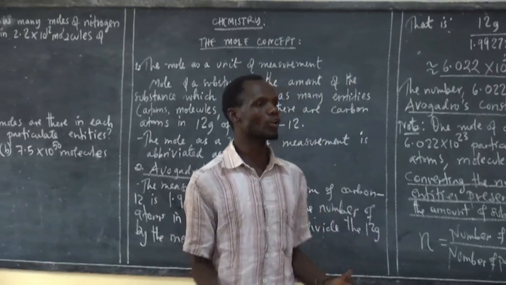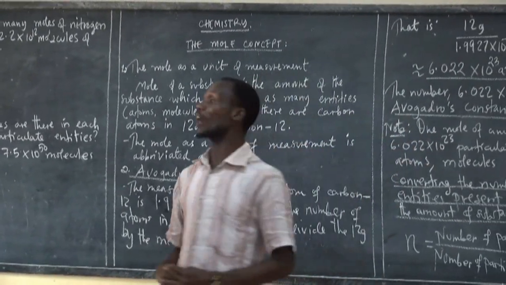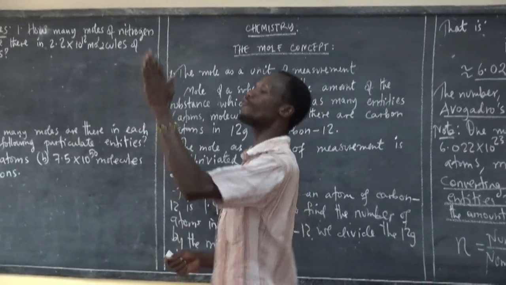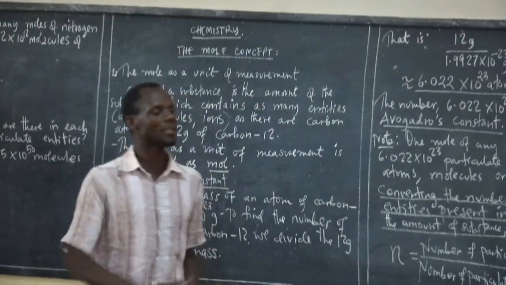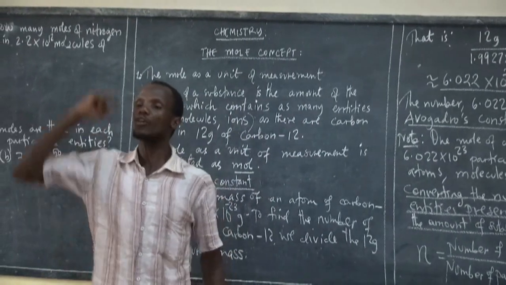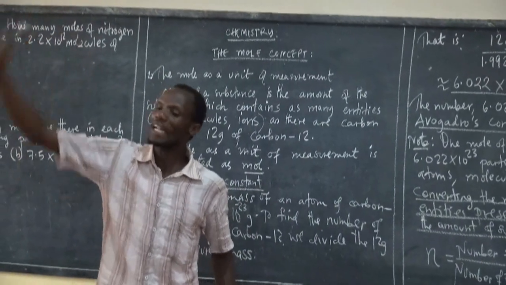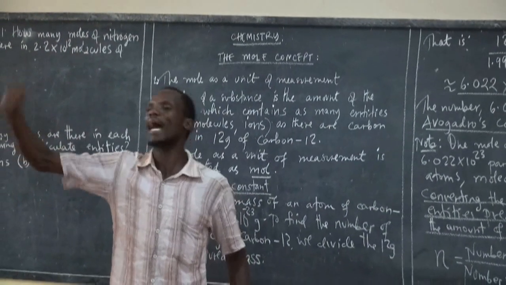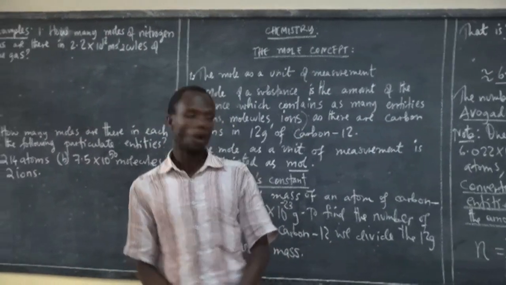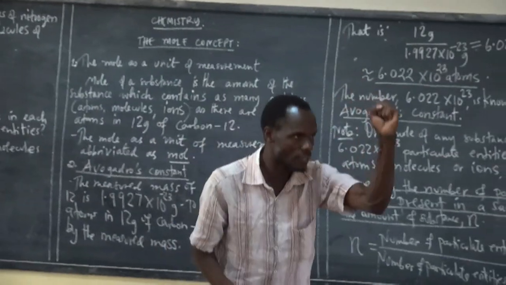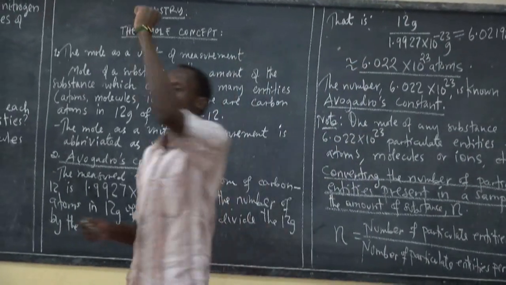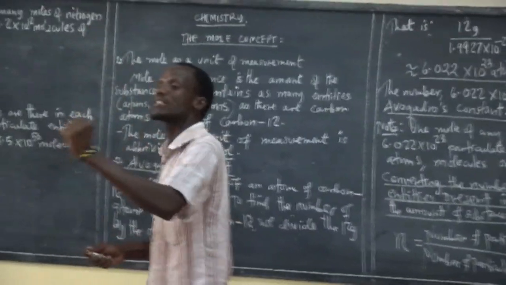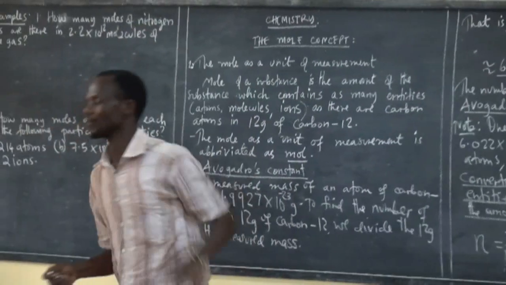Whenever you're talking about a gross, you are talking about 144 items of the same kind. If I have 5 gross, I take 144 times 5 to find how many things I have in my hands.